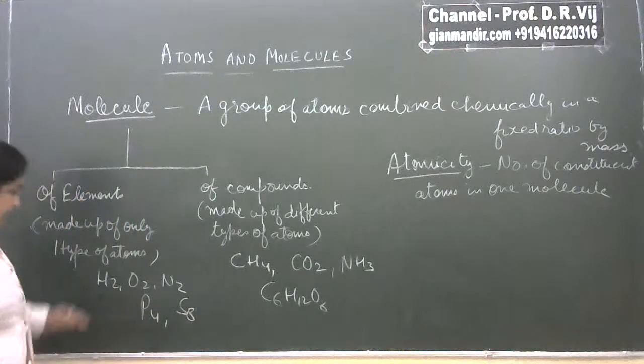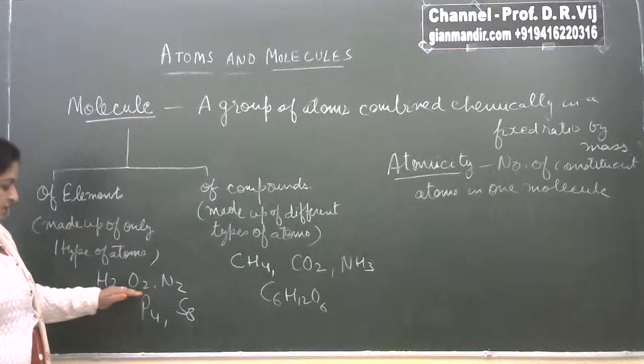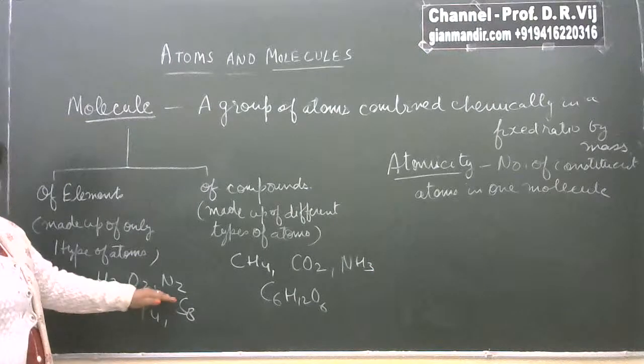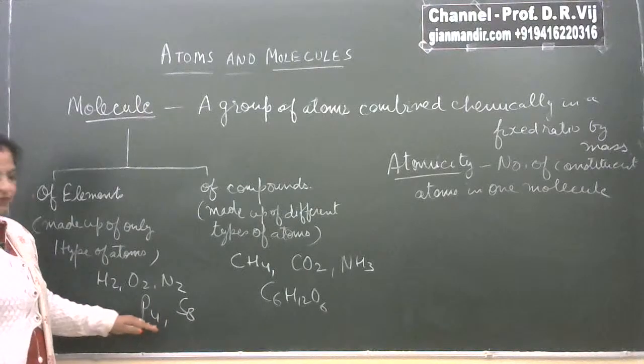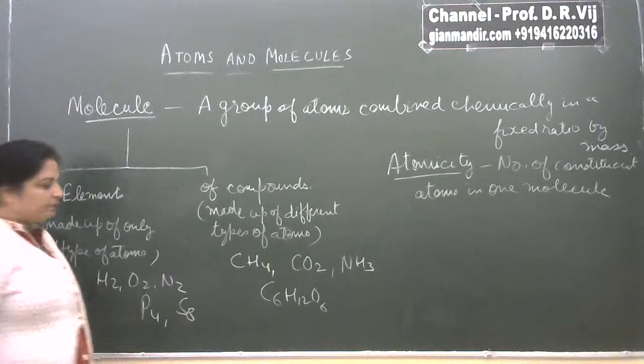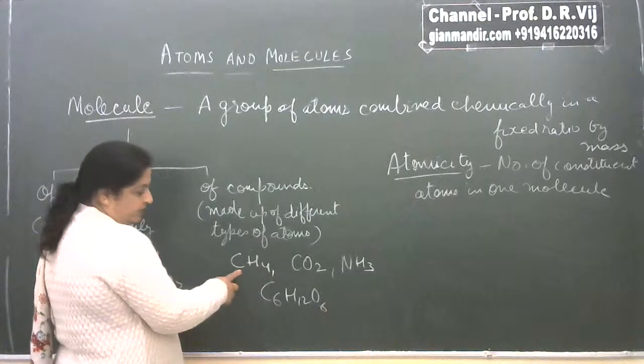If you look at the molecule of hydrogen, its atomicity is 2, oxygen also has atomicity 2, nitrogen also has atomicity 2, but phosphorus and sulfur have atomicity 4 and 8 respectively. Methane has atomicity 4 plus 1, that is 5.